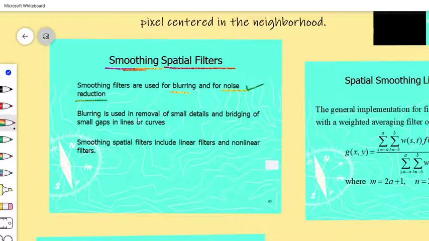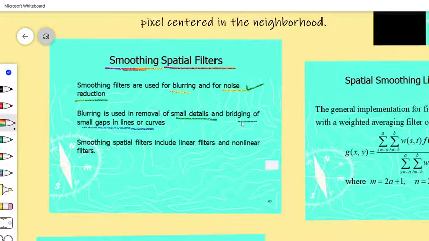Blurring is used in removal of small details and bridging of small gaps in lines or curves. It means blurring happens when we remove very small, negligible pixel values from the image.